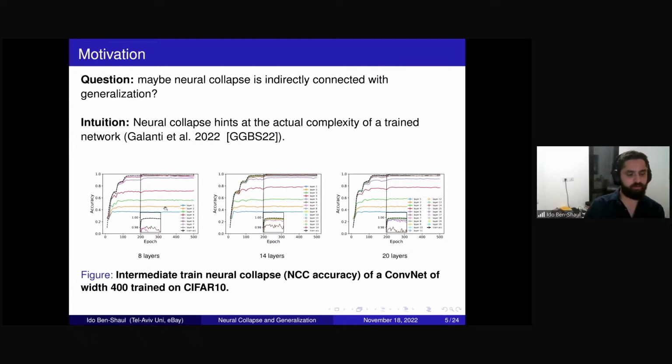What we see is that the clustering monotonically increases until we have some saturation. After something like 7 layers, we're already getting collapse, and the saturation happens the same in each one of these networks. So we get the intuition that this collapse metric helps us understand how many layers the network actually needs to fit this data set, and the top layers are redundant.